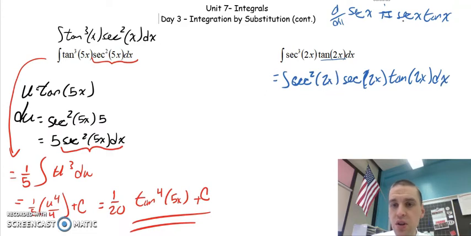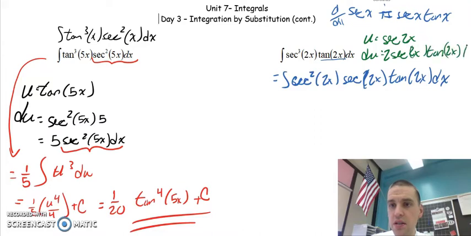And with this, notice that if I let u equal secant 2x, du is then going to be 2 secant 2x tan 2x dx. And notice that this right here, secant 2x tan 2x, is right there.